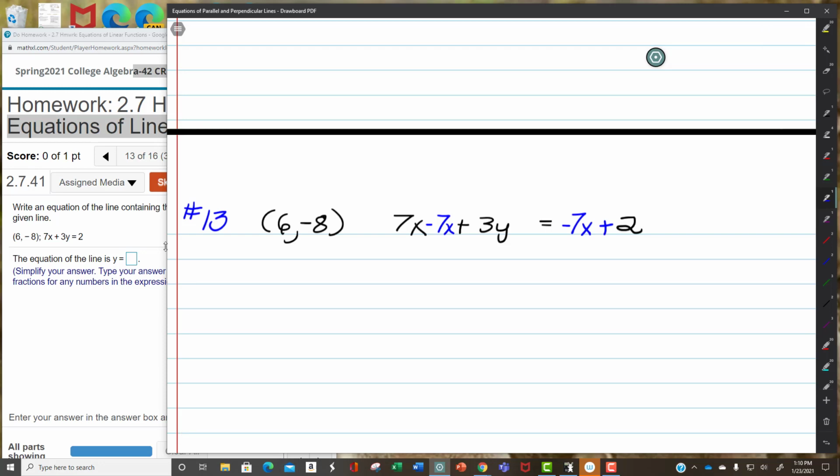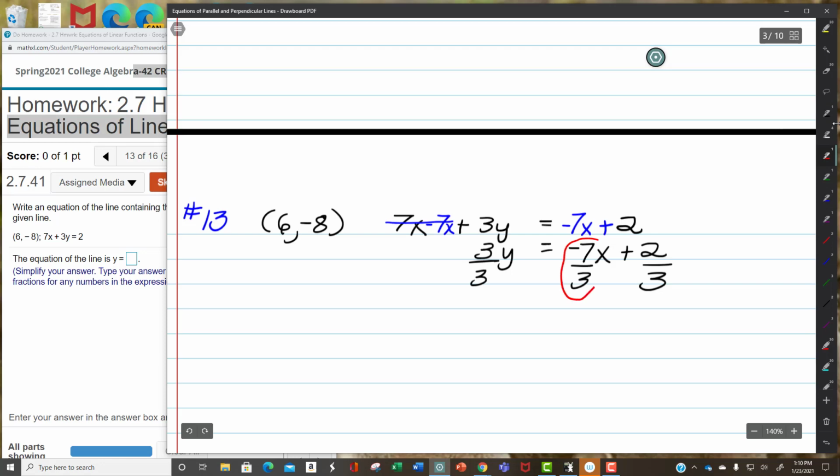So now 7x minus 7x is 0. I'm left with 3y equals negative 7x plus 2, and I divide by 3, divide by 3, divide by 3, but it is the slope I care about.